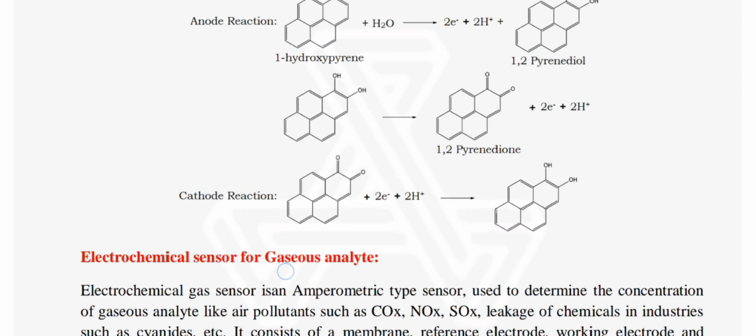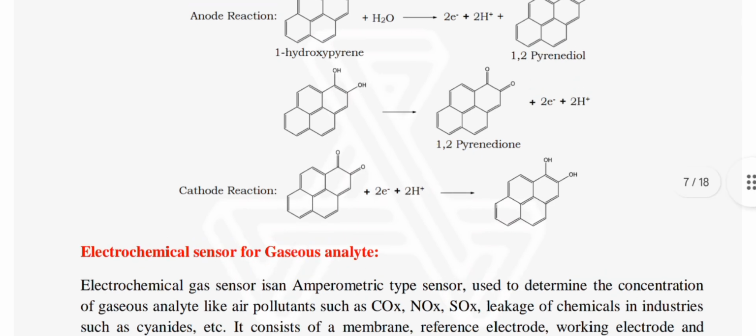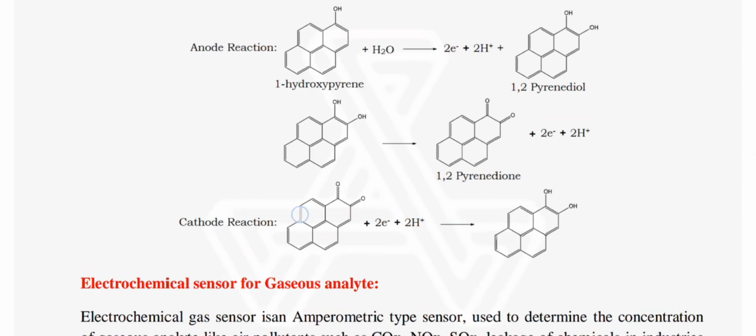This further becomes 1,2-pyrenedione. It was diol at first and then became dione by oxidizing itself, giving further 2 electrons plus 2H+ ions. Cathode reaction. This 1,2-pyrenedione plus 2 electrons plus 2H+ ions again becomes 1,2-pyrenediol.